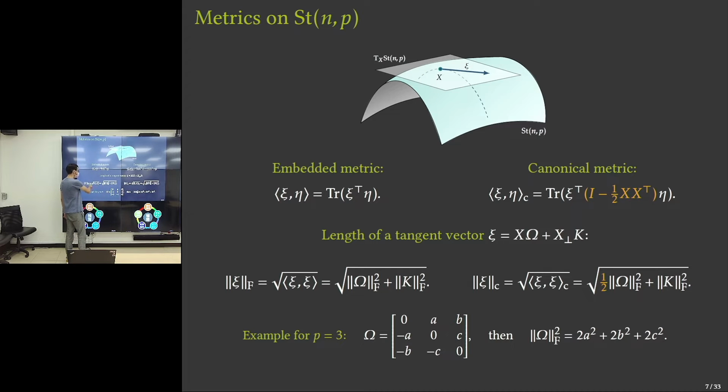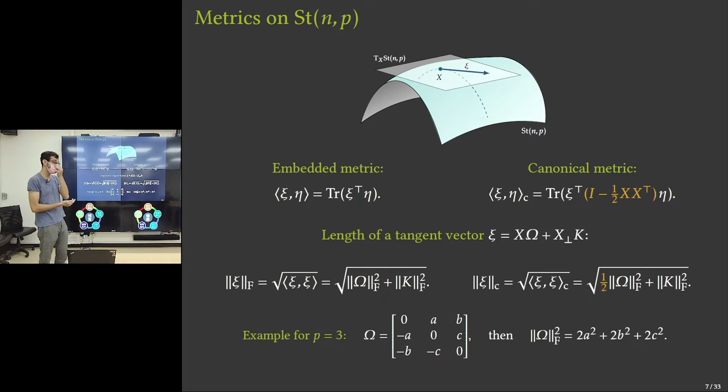If you use the embedded metric, you count each coefficient twice. And if you use the canonical metric, you divide by 2, so it is counted only once. So that's the reason why, as I was saying last time, the canonical metric is a more natural choice.